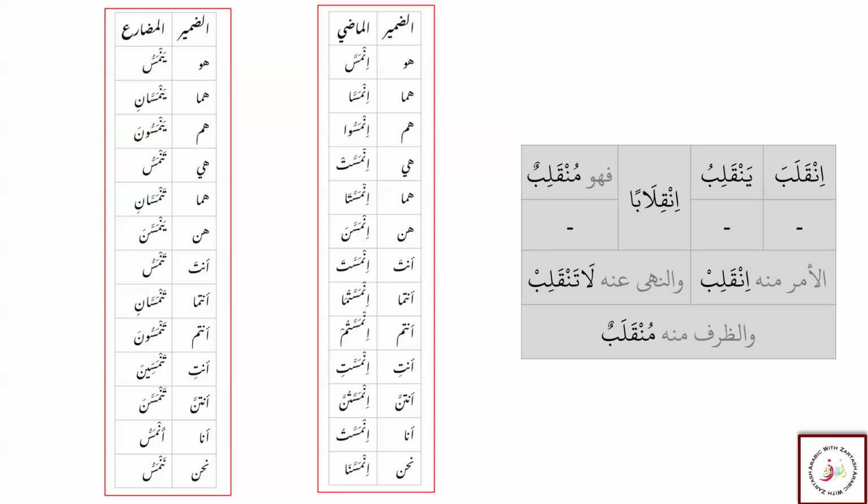Ana anmassu, nahnu nanmassu. So you can see here the changes for hunna and antunna. From hunna till nahnu, we are going to split the letters. There are typos, and inshallah, I'm going to correct them in the file, and then I will upload the corrected file, inshallah.